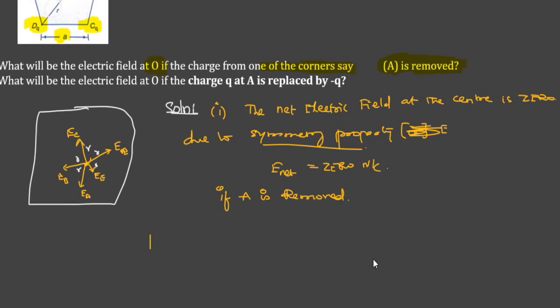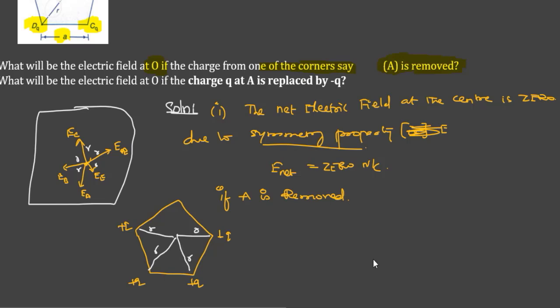Only the remaining four charges will be there. Here plus q, here plus q, here plus q, here also plus q. Each distance is R. The direction of the field will be like this, like this, like this, like this. So all four fields are acting in different directions.